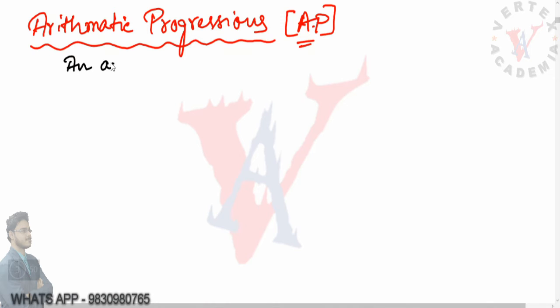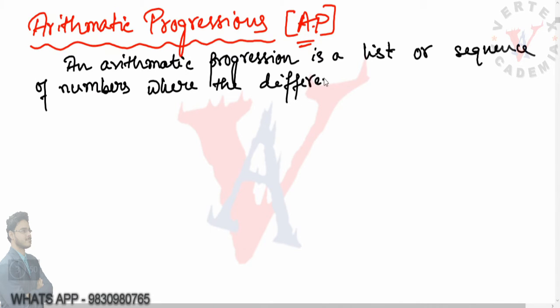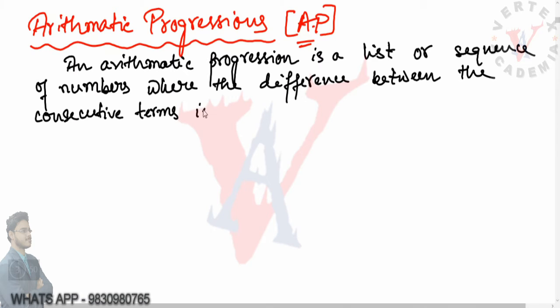An arithmetic progression is a list or sequence of numbers where the difference between the consecutive terms is constant.